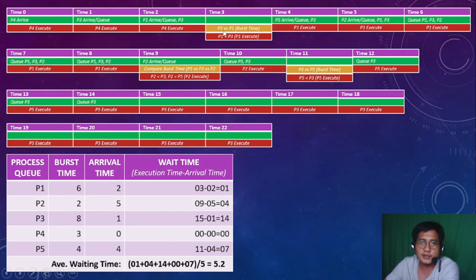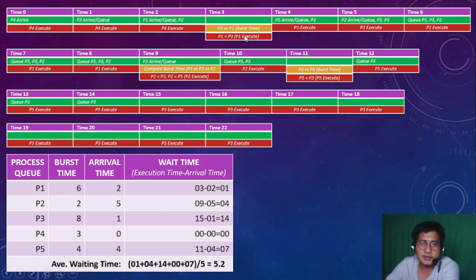the central processing unit has to decide which one of the queued processes will be executed first. In this case, since this is shortest job first, we have to compare the burst time of process 3 and the burst time of process 1. Process 3 has a burst time of 8, and process 1 has a burst time of 6, so P1 has a lesser burst time compared to P3.